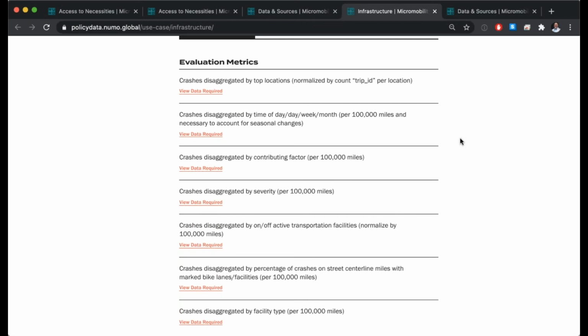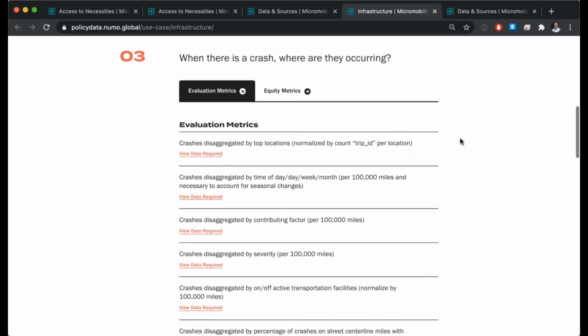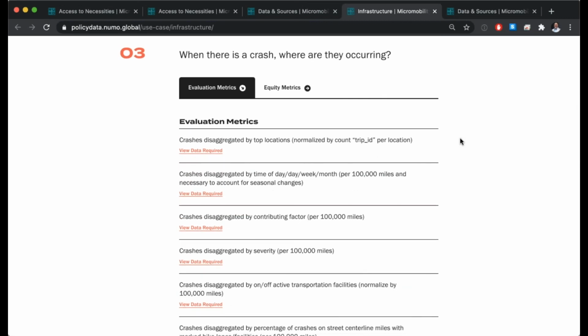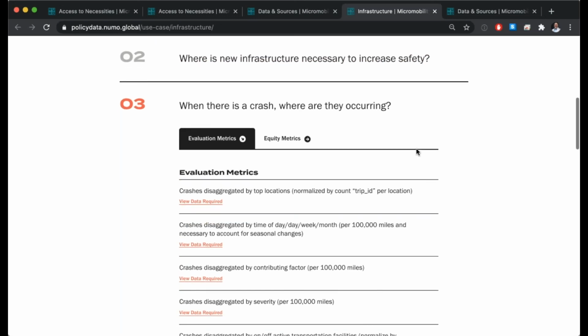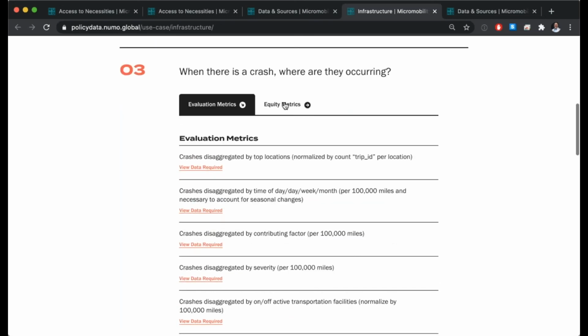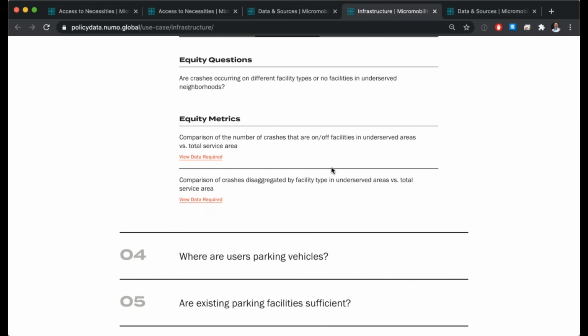So rolling all of these together, we felt gives you a really good sense of where crashes are happening, which then obviously speaks to the question up above, which is where is new infrastructure necessary to increase safety? And then again, each one of these has equity questions, because I think there's a real question about whether or not crashes are occurring on different facility types, or more often no facility types, in underserved neighborhoods.